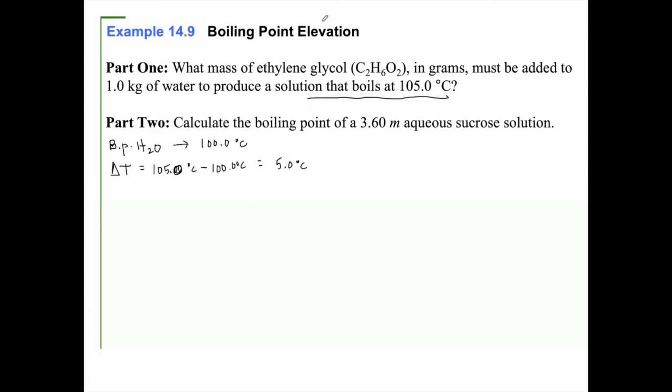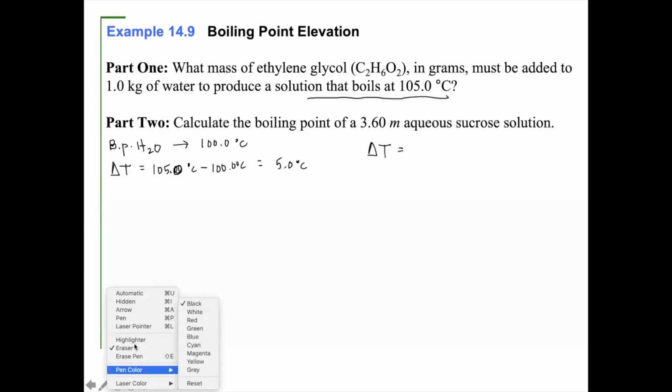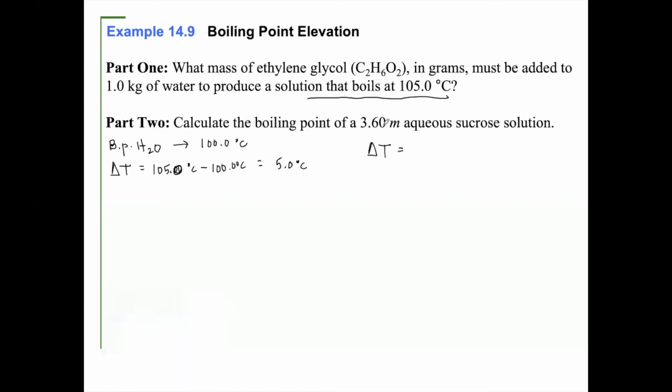Now the previous problems dealt with freezing point depression. Now we're talking about boiling point elevation. We're still using molality, but instead of using the constant for freezing, there is also a constant for boiling.